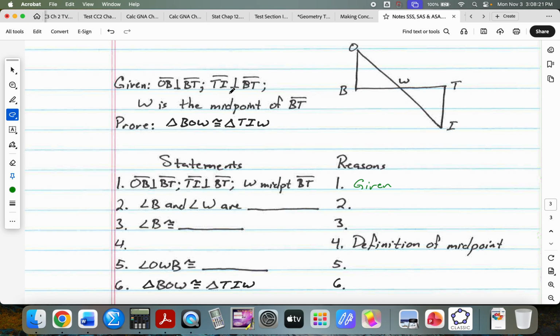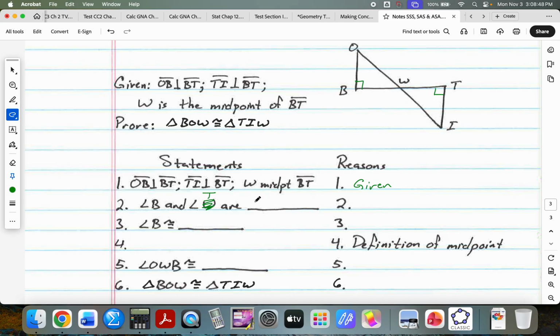What do perpendicular lines do? Right, sorry. Yeah, they make right angles. So OB perpendicular to BT, where they meet is at B. That's going to be a right angle. And also at T. Boy, there's all kinds of mistakes in this.